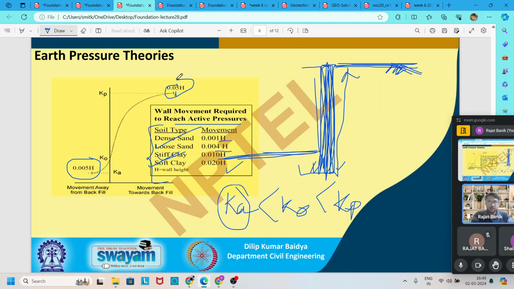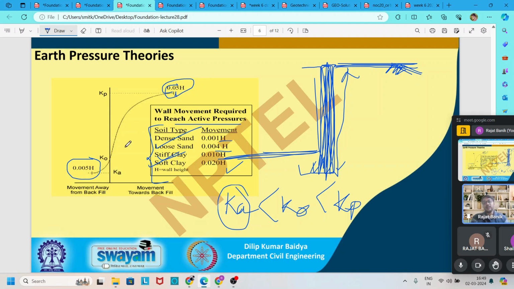So in the general case, the active earth pressure coefficient is less than the coefficients for earth pressure at rest or passive earth pressure.